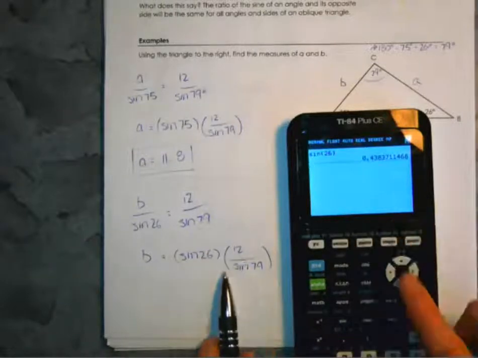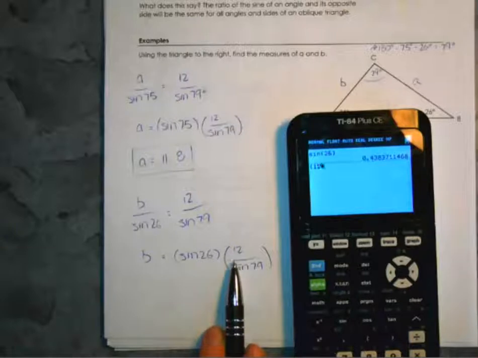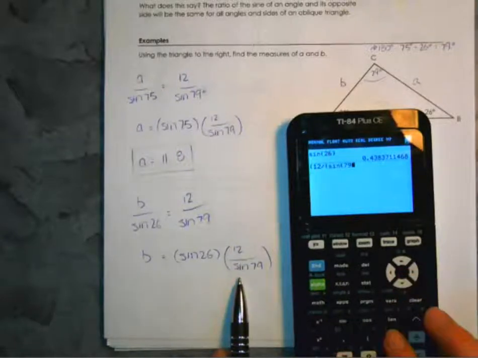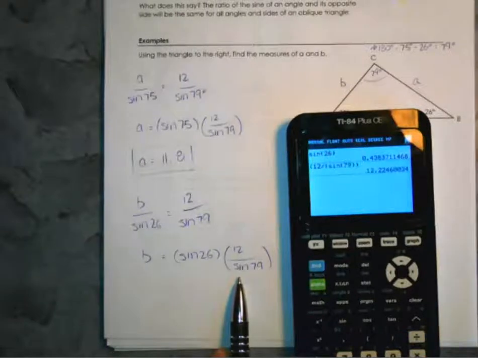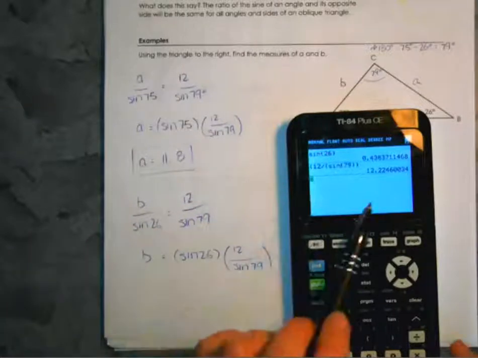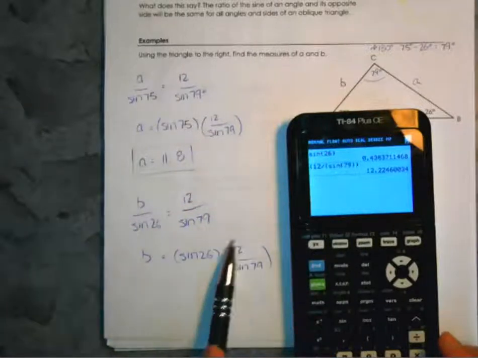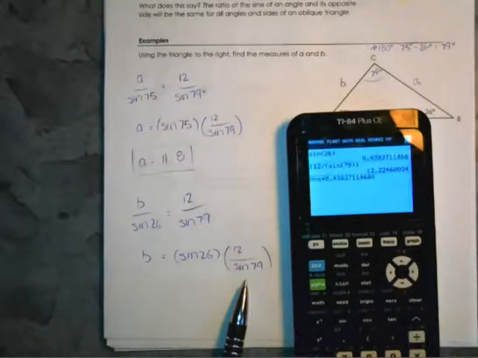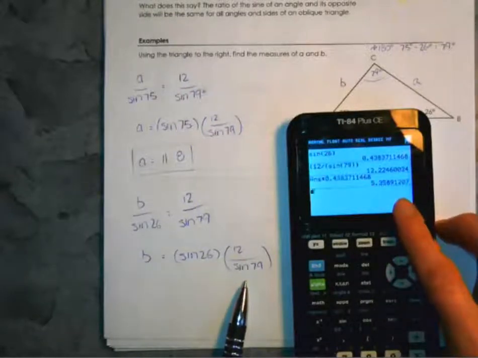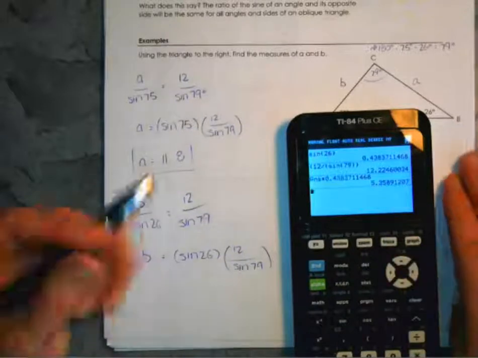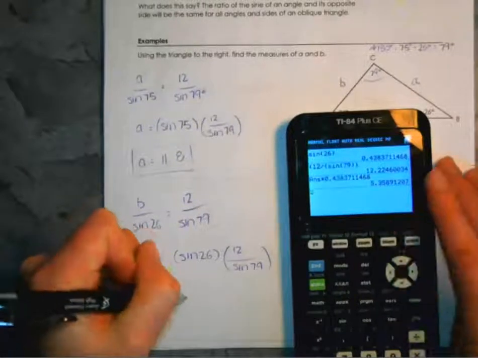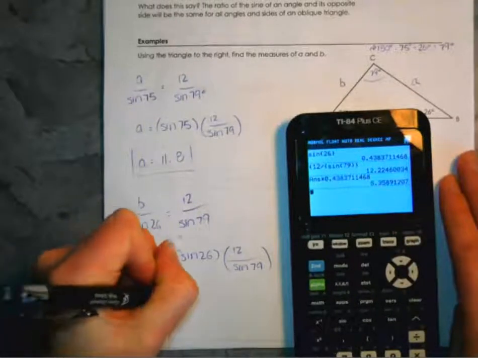And then, just because I like keeping things all together, 12 divided by bracket sine 79 bracket. I don't know why I put a bracket there, but that shouldn't affect it. And then that times the first answer that I got. That gives me 5.35, which is the correct answer. So I can say B is equal to 5 point, let's just round that to 1 decimal point, so 5.4.